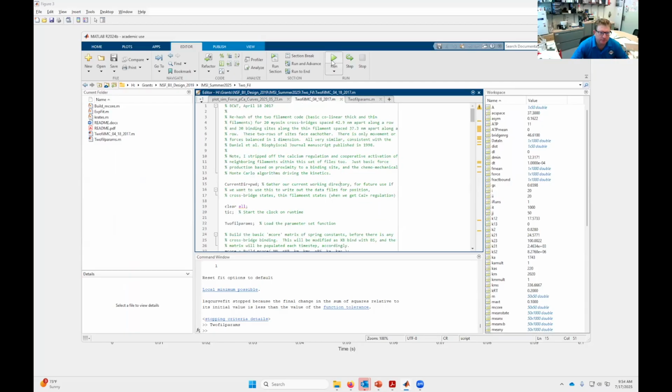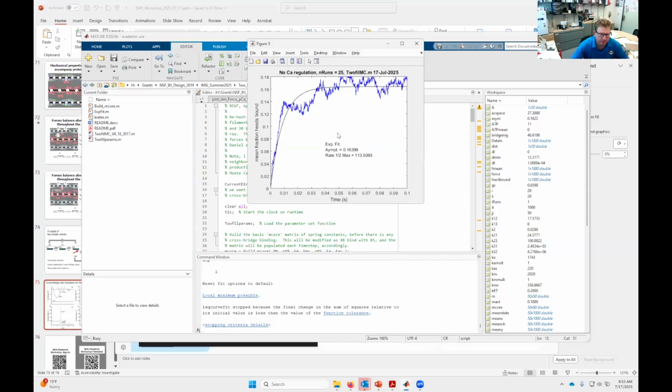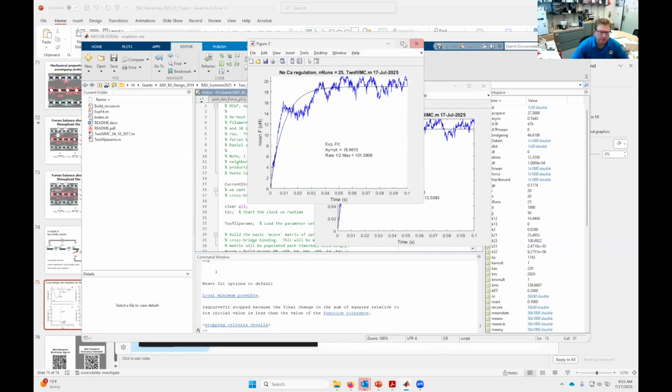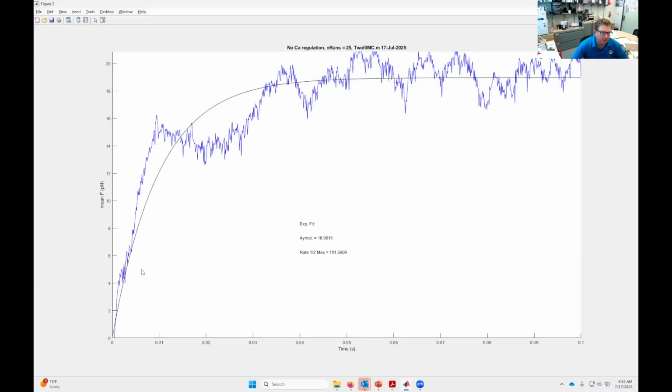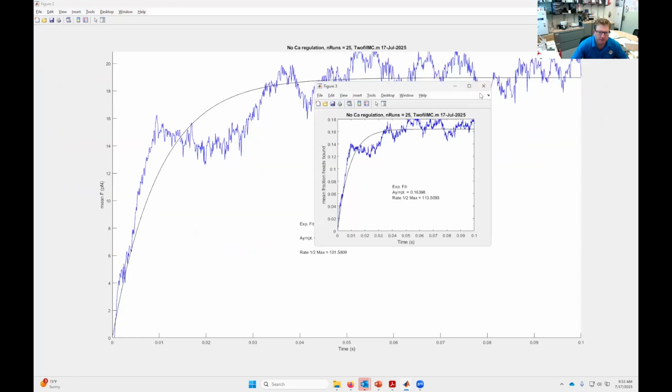And so if we go back to that original simulation as an example, you see that the level of force we're producing is around 18 piconewtons.